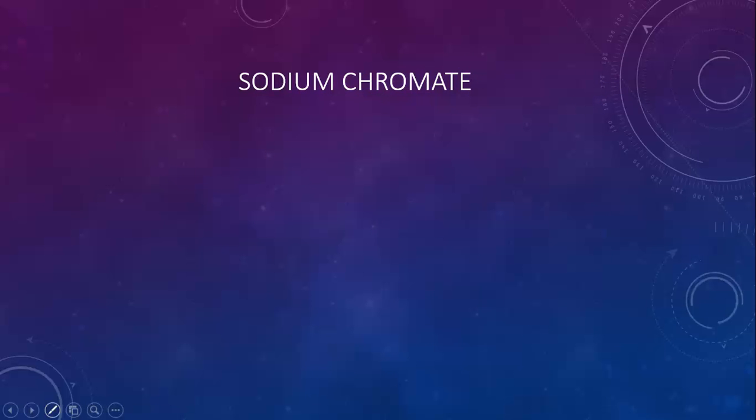Alright, let's try some more. Sodium +1. Notice that this ends in ATE. That is a huge indicator that you are dealing with a polyatomic ion. So look on the back of the periodic table. Is it there? Yes, it's there. Now don't confuse it with dichromate.